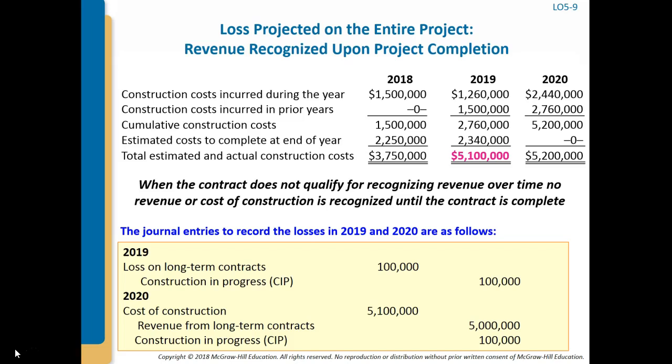In 2019, loss on long-term contracts, which is an income statement account, is recognized for $100,000, and CIP is reduced by crediting it for $100,000. Then in 2020, the income statement will report the revenue of $5 million and the cost of construction of $5.1 million, combining for an additional loss of $100,000.